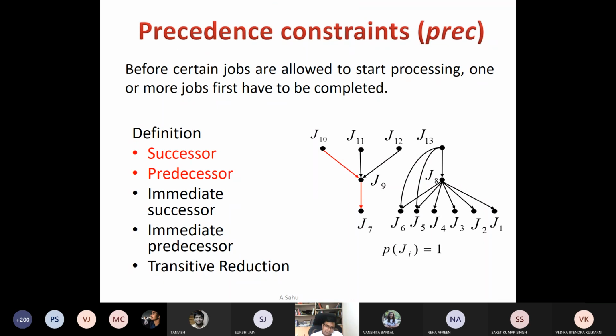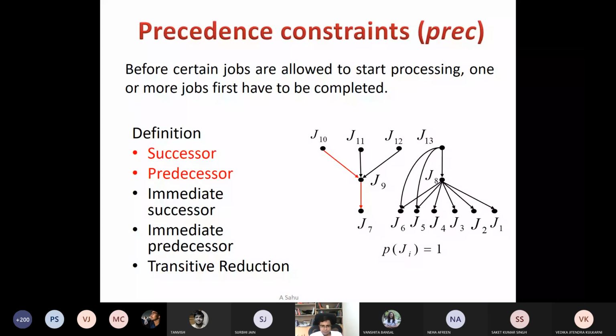So in precedence constraint, whenever you say precedence constraint or DAG, let's discuss the general terms. What is precedence constraint? Precedence means a job needs to execute before some other job. Before certain jobs are allowed to start processing, one or more jobs first have to complete.